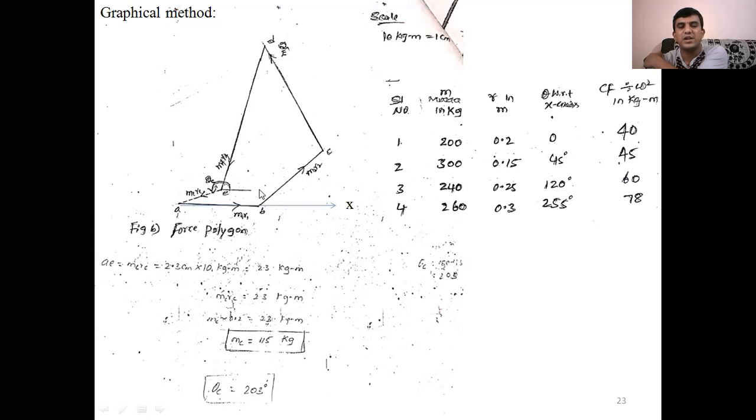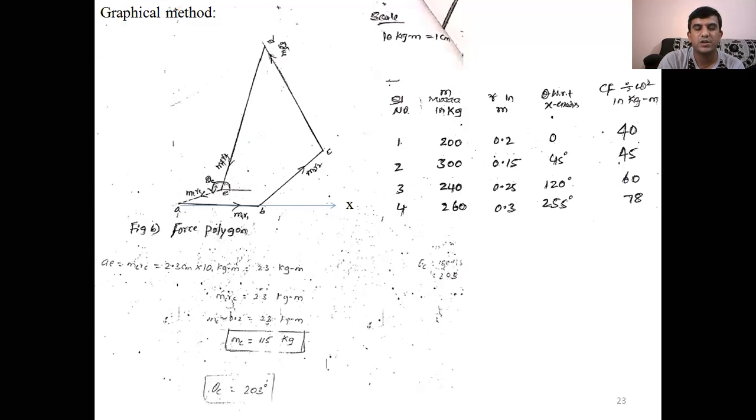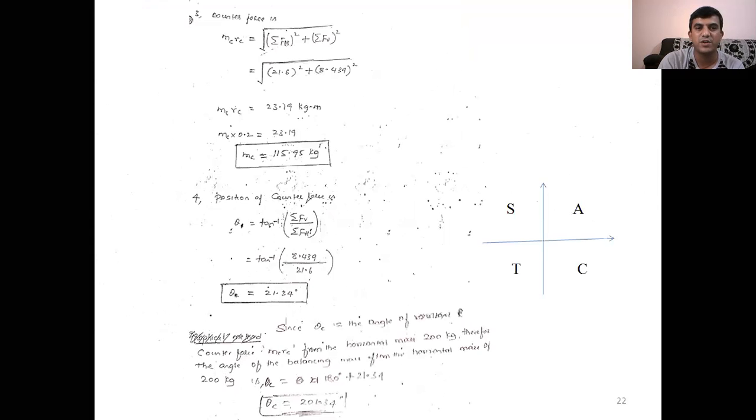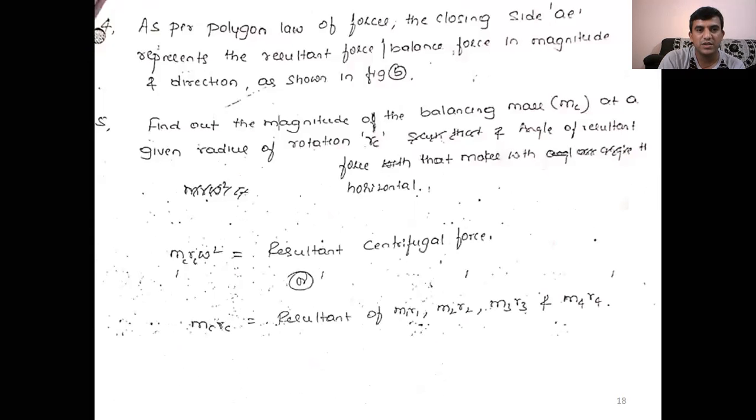We call this a vector diagram, or by drawing a force polygon, you can calculate the unknown magnitude of the centrifugal counter masses. Once you draw the force polygon, you go for determining MC RC.